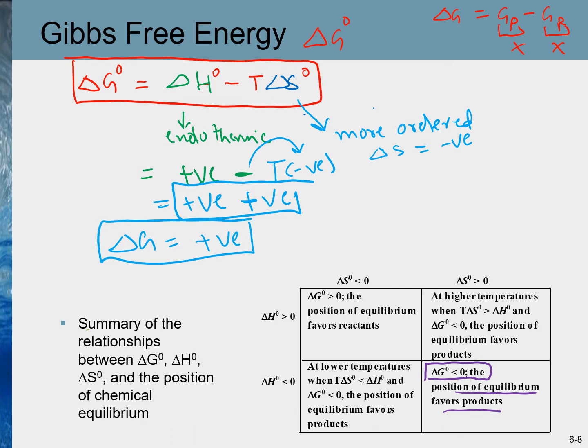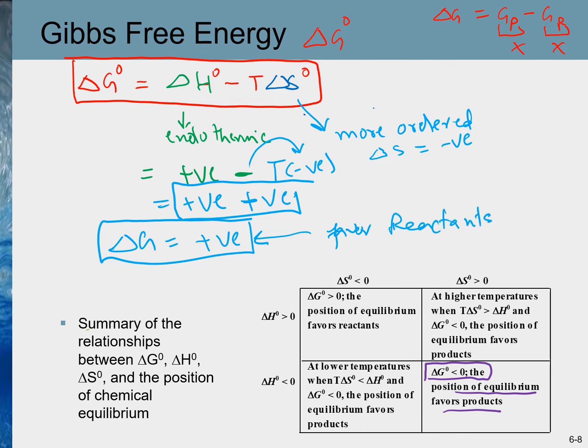So these are the reactions in which delta G will always be positive. Always positive means that equilibrium favors the reactants.